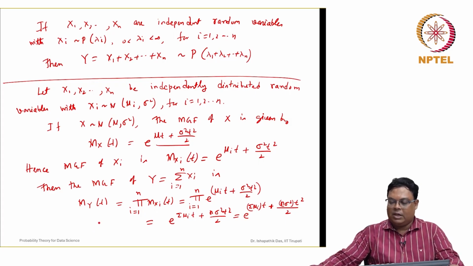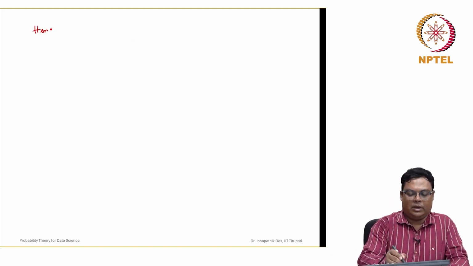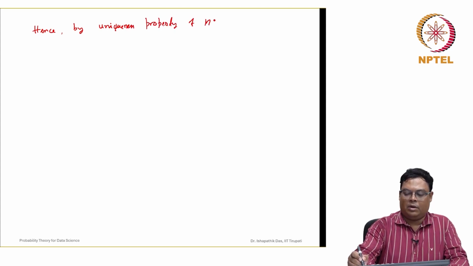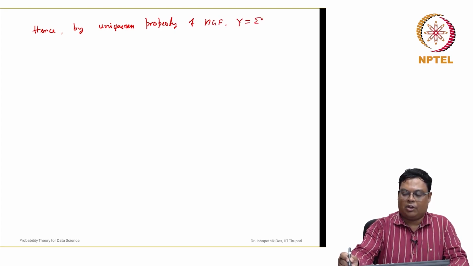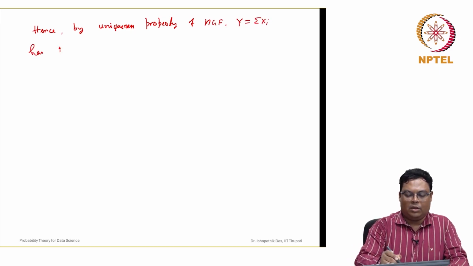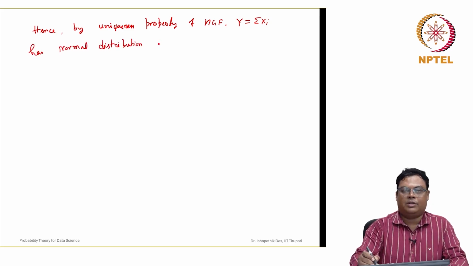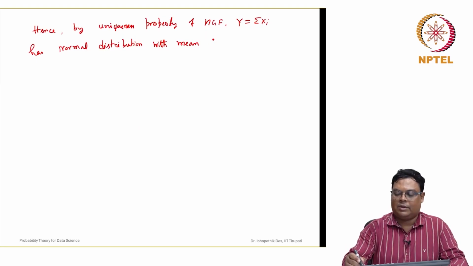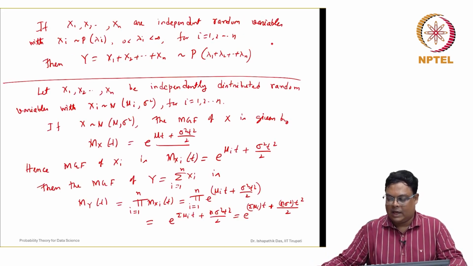Hence, by the uniqueness property of the moment generating function, Y is equal to summation of Xi has a normal distribution with mean, from this parameter you can see, summation of mu_i, and variance, see that variance sigma square is replaced here by n sigma square.